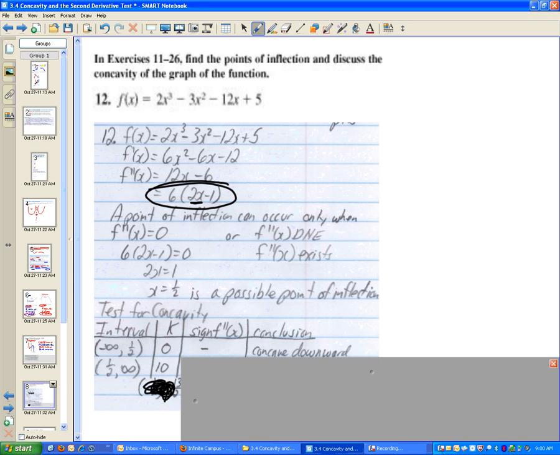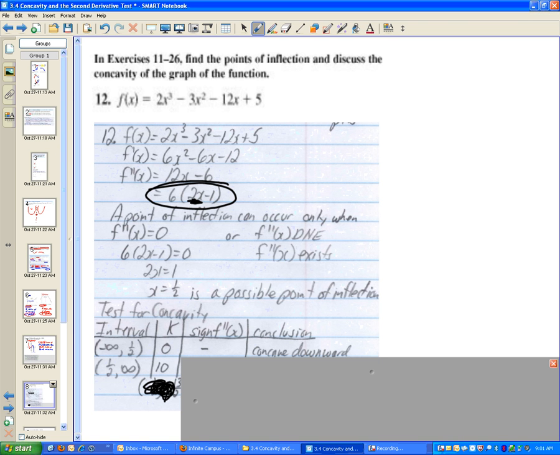And then when the second derivative is negative, our function is concave downward. And I'll refresh your memory again. Why? Because if the second derivative is negative, the first derivative is decreasing, and the first derivative decreasing by definition means concave downward.